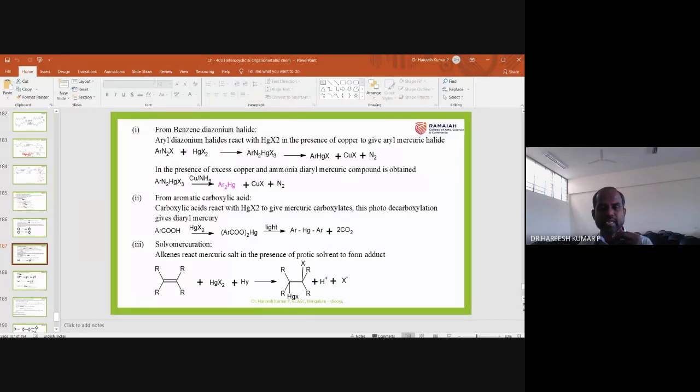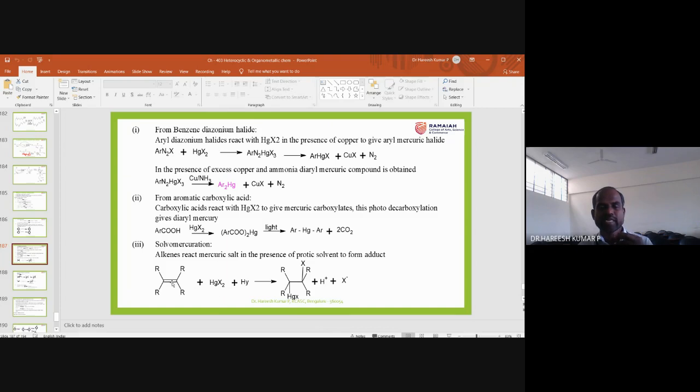Here HY is the solvent and HgX is a mercuric compound. So Hg is added to the double bond, and the solvent is also added to the double bond. It is nothing but an addition reaction. Solvomercuration means addition of solvent as well as mercury to the substrate. Here the example is an alkene I have taken.